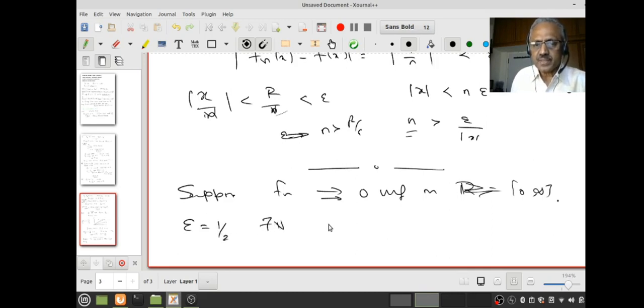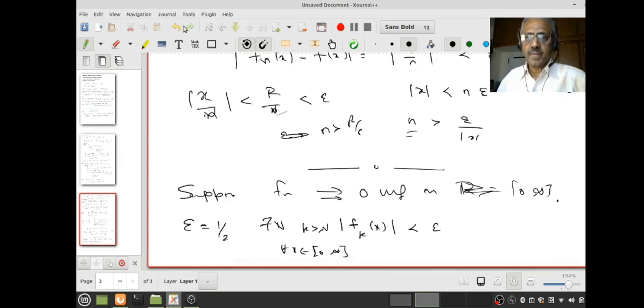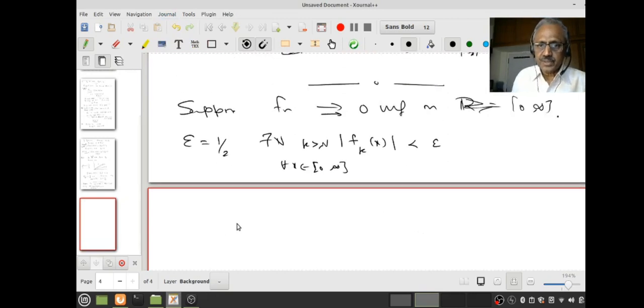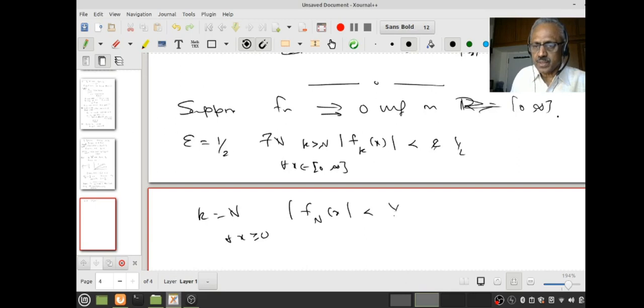There is an n so that mod f_k of x for k greater than or equal to n should be less than epsilon, and this should be true for all x in 0 to infinity. You follow that? In particular, this is less than half. In particular, for k equal to n also it must be true. That is, f_n of x for all x greater than or equal to 0 should be less than half.